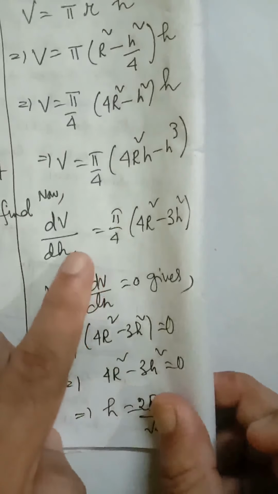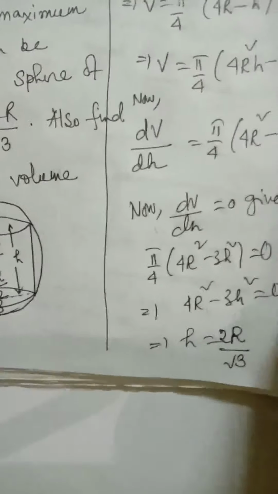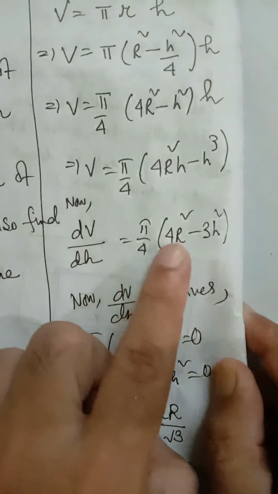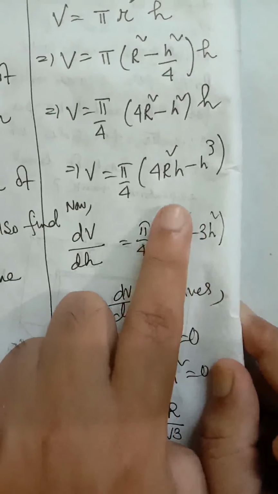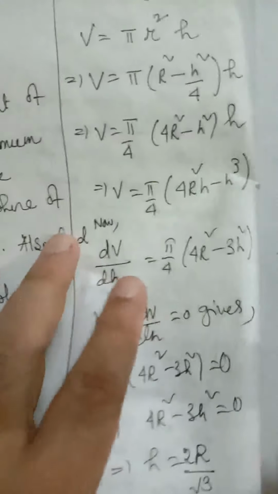Now we have to find d2V/dh square. So d2V/dh square equal to pi by 4 into 0 minus 6h, because you can see dV/dh equal to 4r square. R is constant, the given radius of the sphere. The derivative of this is 0 and the derivative of this is 6h.